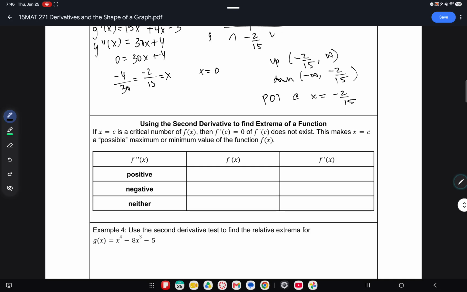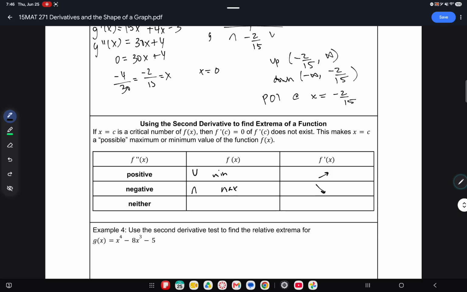So if the second derivative is positive, that means the original function is concave up, right? So it means there's a minimum. And if it's concave up, the first derivative is increasing. For negative, we're concave down, which means there's a maximum. And the first derivative is decreasing.